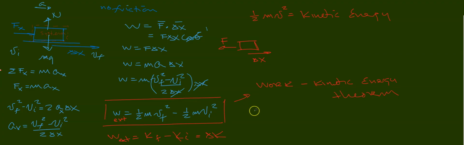A few points that I want to mention right now: the kinetic energy is related to speed, not to velocity. So for instance, if something is in circular motion, here there is a certain velocity, here another, and here another. But if it's the same speed, then the kinetic energy is the same.